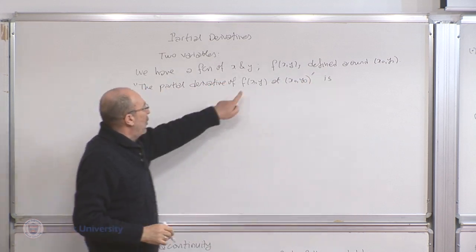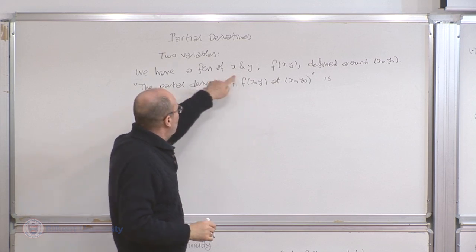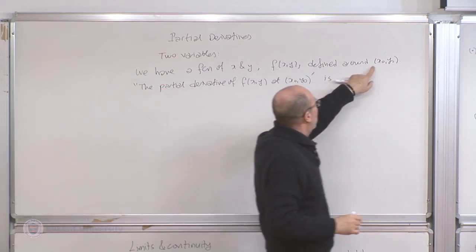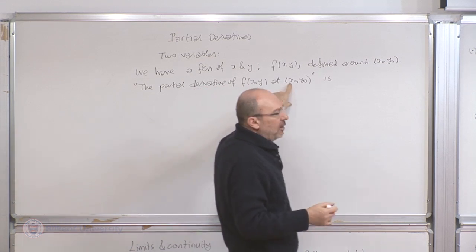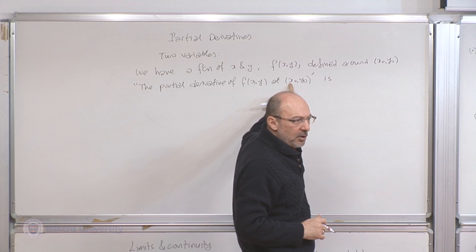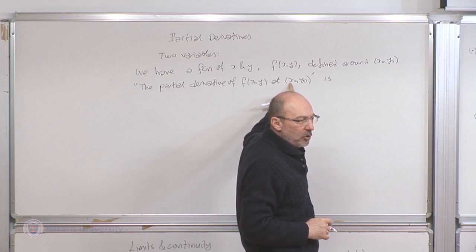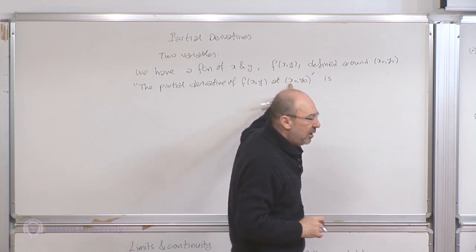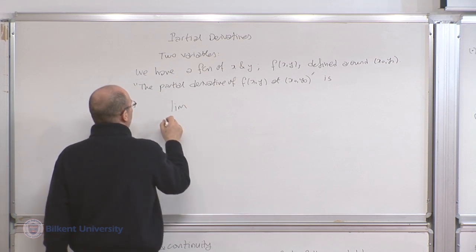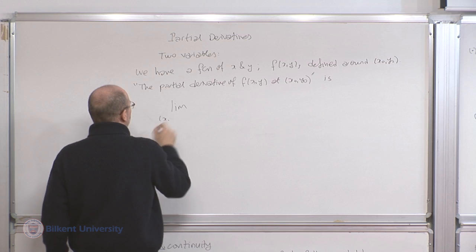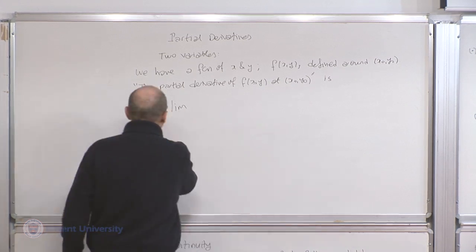So forget about y. We have a function of x defined around x sub 0, the derivative of f of x at x sub 0. So this is what we want to do. You just take the derivative with respect to x. So formally, when we write it, it is this limit as x goes to x sub 0.